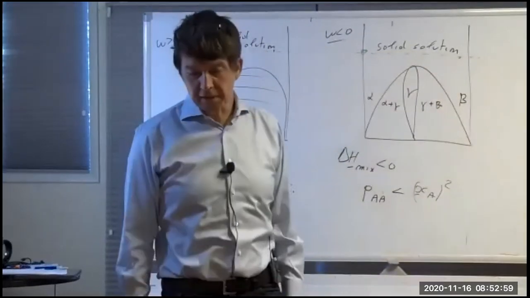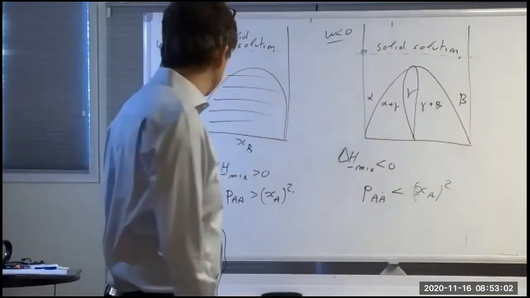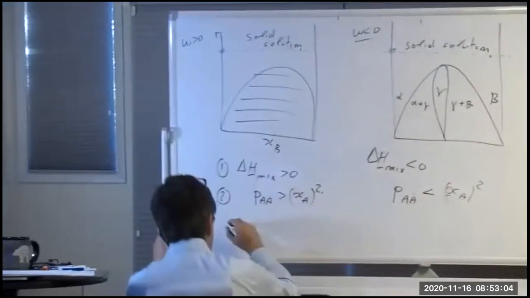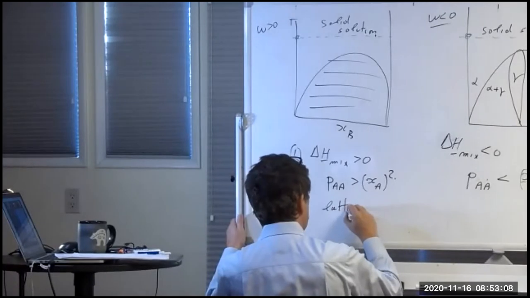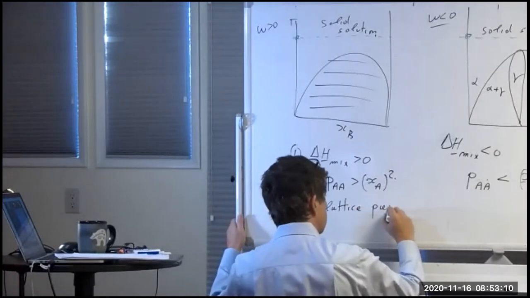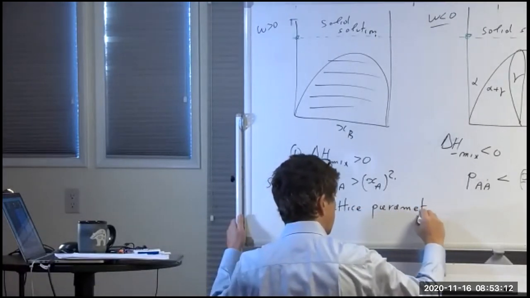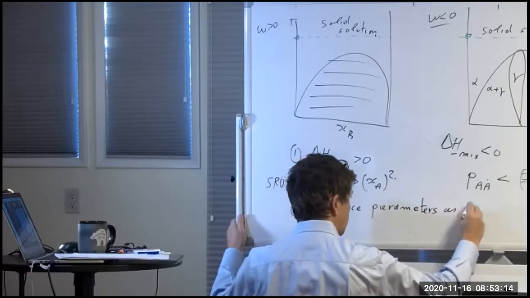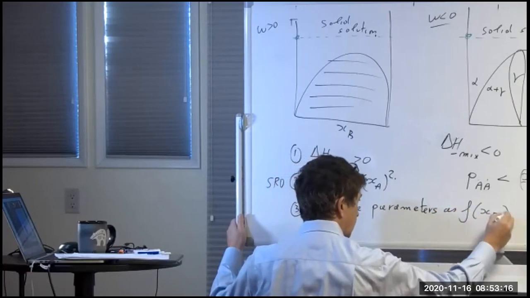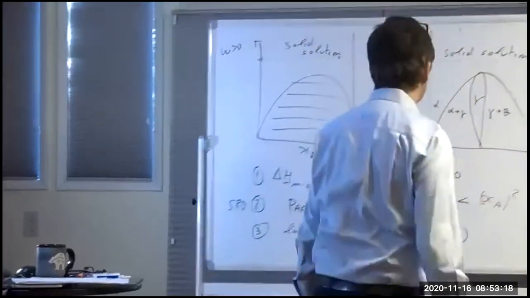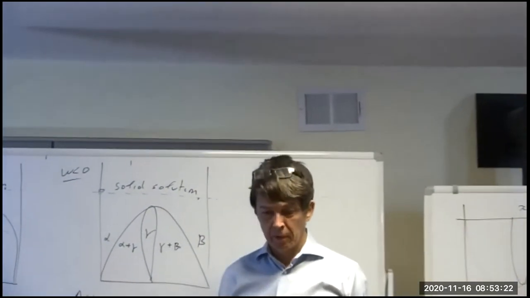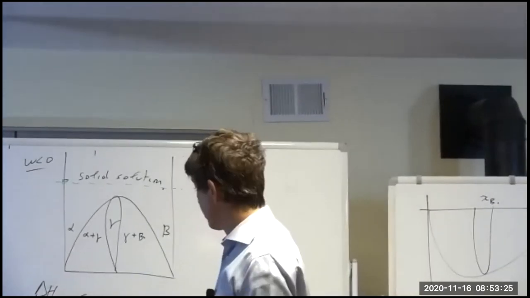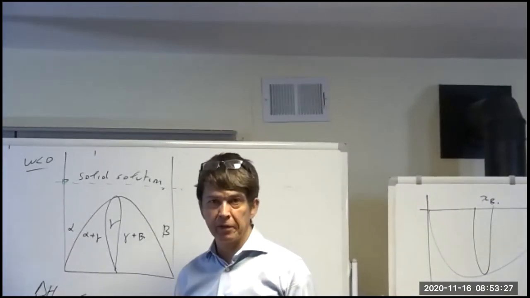And actually the easiest way, but also the least accurate way, is to look at the lattice parameters as a function of composition. In a compound forming system, because AB bonds are favorable, they tend to contract the system slightly.